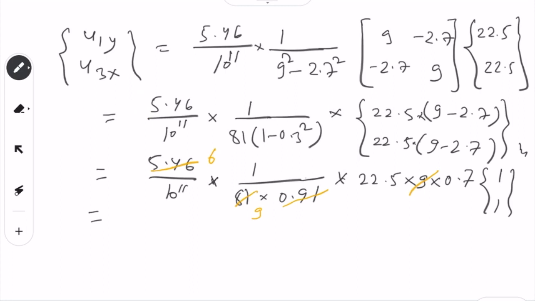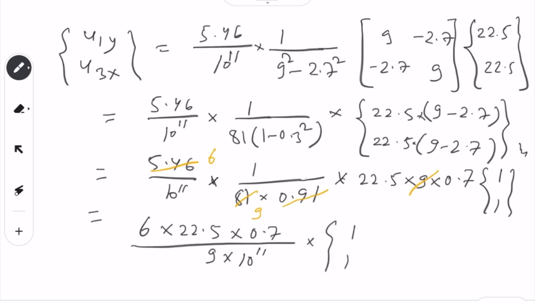So we get 6 multiplied by 22.5 multiplied by 0.7 divided by 9 times 10 to the power 11, and multiplied by 1 and 1, this is the meter. So this is what we get, u1y and u3x.